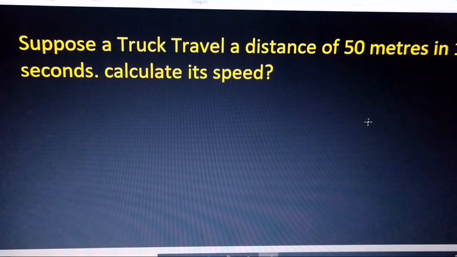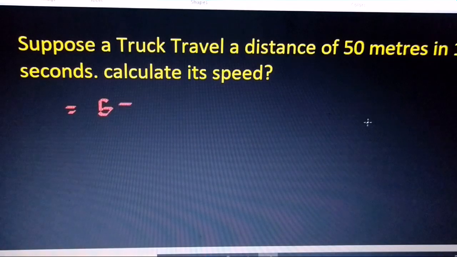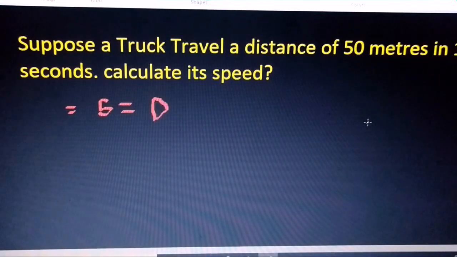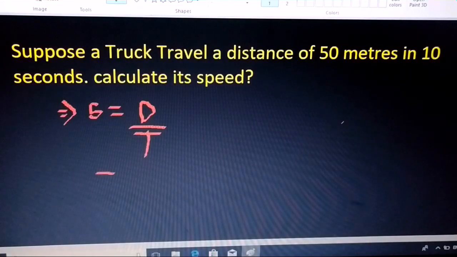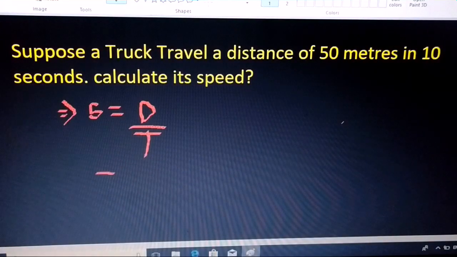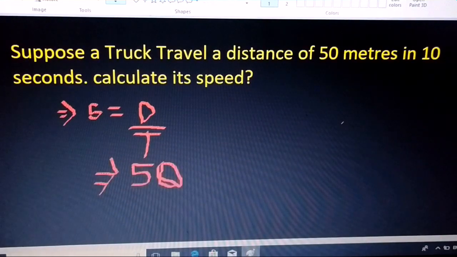We have already studied that the formula of speed is distance upon time, S is equal to d by t. Distance is given as 50 meters and the time is given as 10 seconds.